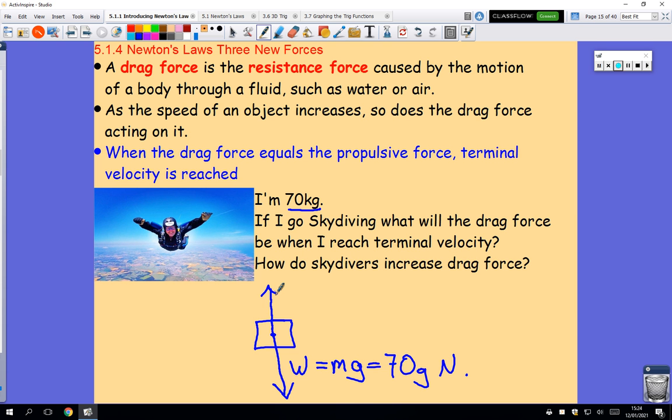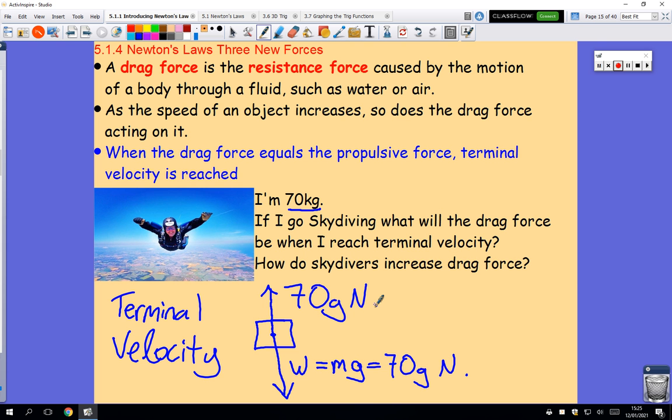So when I achieve terminal velocity, my drag force will have increased to 70 g newtons. If I go skydiving, the drag force will be 70 g newtons when I reach terminal velocity.